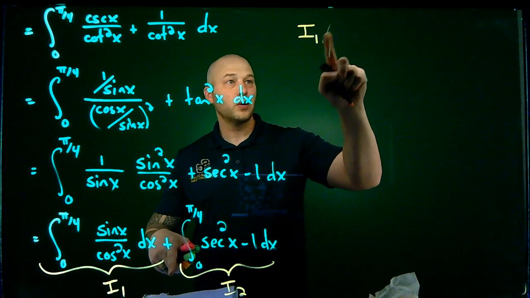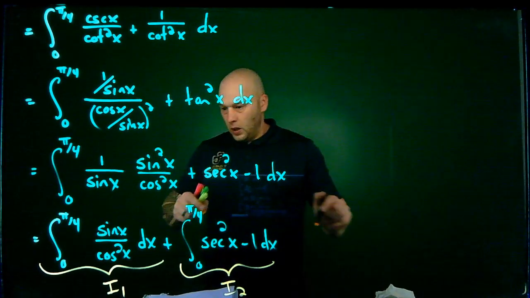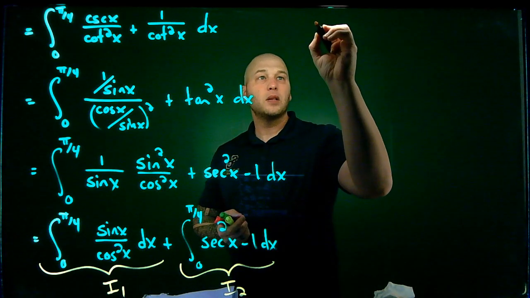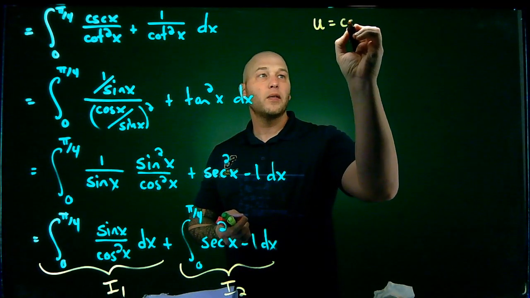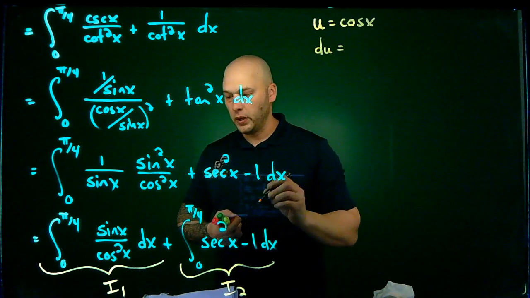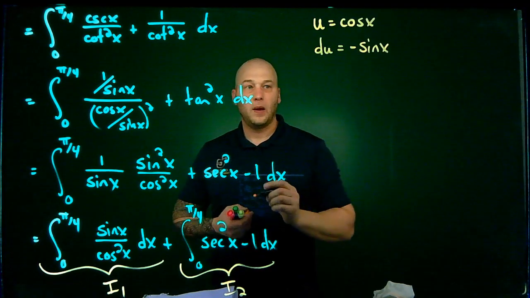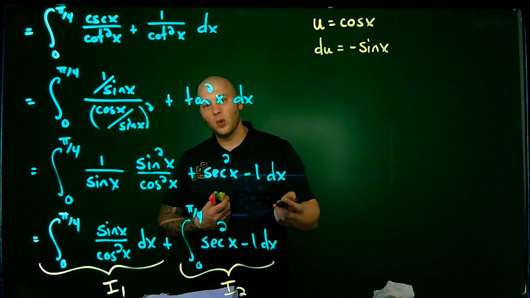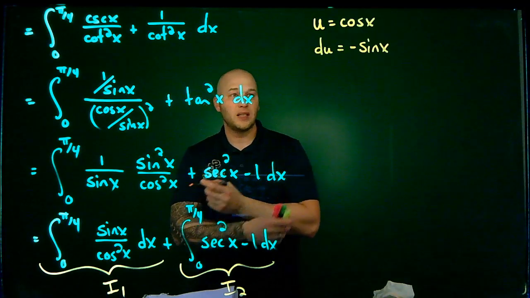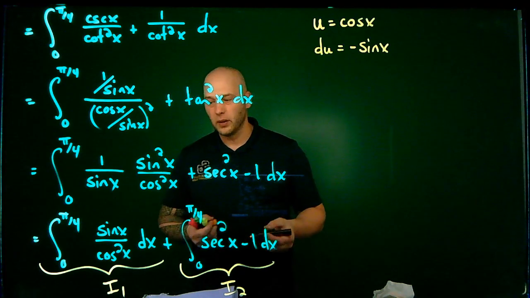Notice for integral I1, we can use a u substitution. I'm going to say u is cosine of x. So then du would be negative sine of x. Okay, and we'll convert back to the original variable in the end. So let's go ahead and do that integration as a definite integral, and then we'll bring back the original variable, use the original limits of integration.